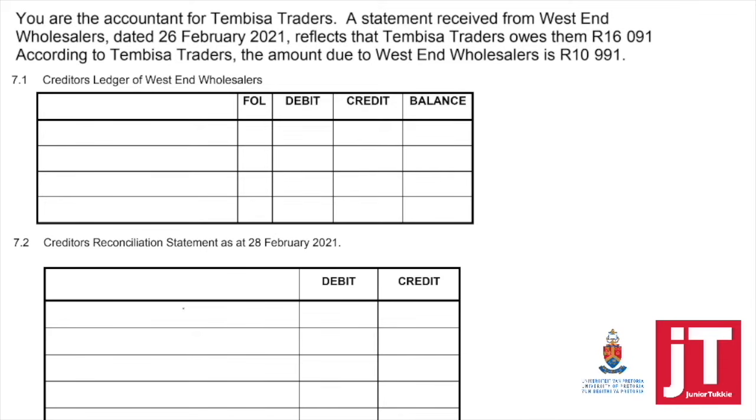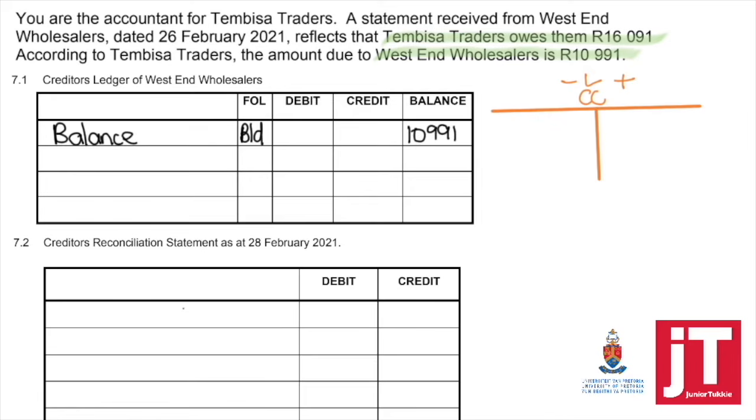So you need to write down the balances. So what is the balance according to us and what is the balance according to them? We are buying from West End Wholesalers, and according to us, we owe $10,991.